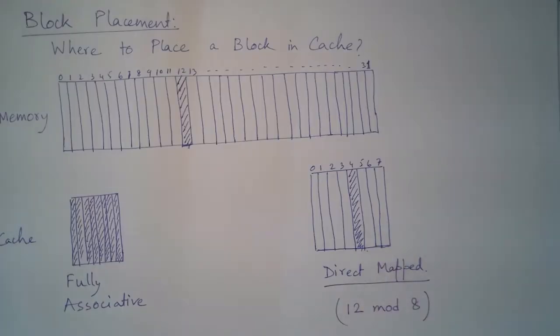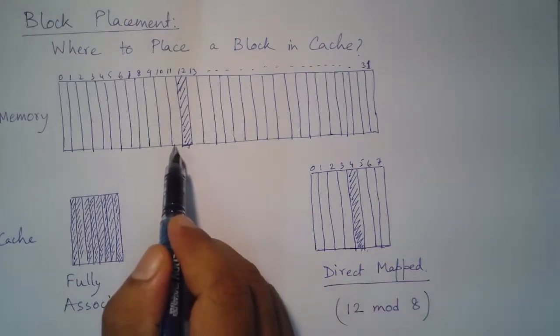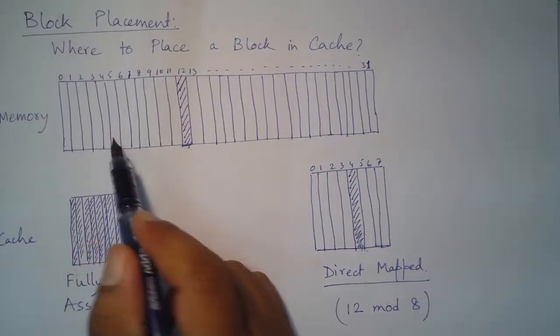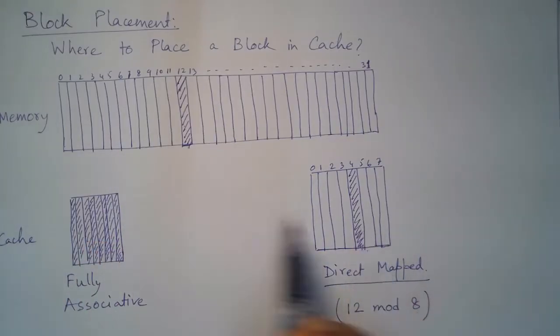you will not be able to exploit, let us say, temporal locality very effectively, because it might happen that right now you are accessing block number 12 and immediately after some time you need block number 4, then you have to replace block number 12 with the new block.